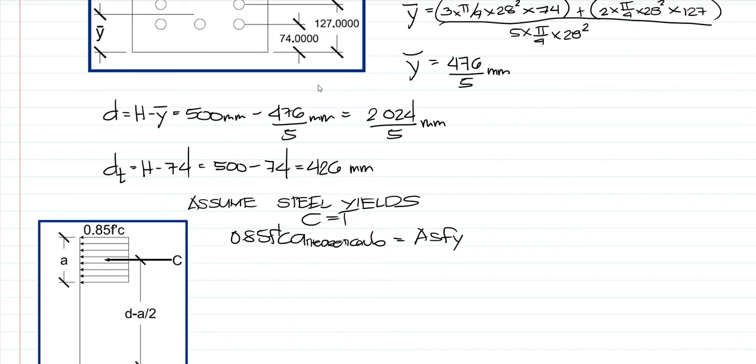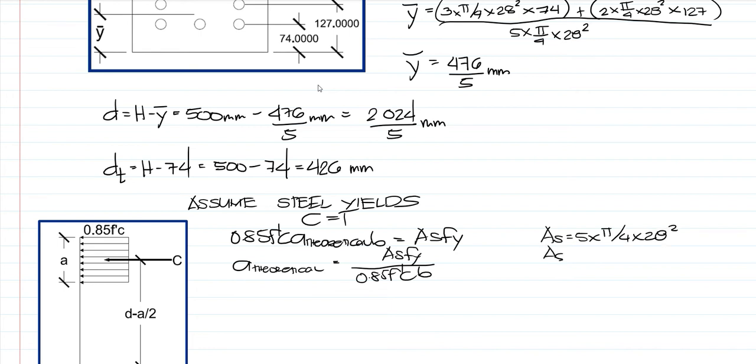Then we arrange the term, so that will be a theoretical is equal now to a value Asfy over 0.85 f'c b. So we just get first the value of our As, so that is 5 times pi over 4 times 28 squared. So our As will have a value of 980 pi.